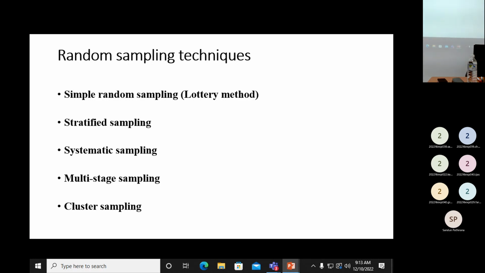Right, there are disadvantages of simple random sampling. Not always, but sometimes there may be biased data. When you select 100 employees randomly, unfortunately, all the selected employees may be male employees. It happens randomly, but it is biased.